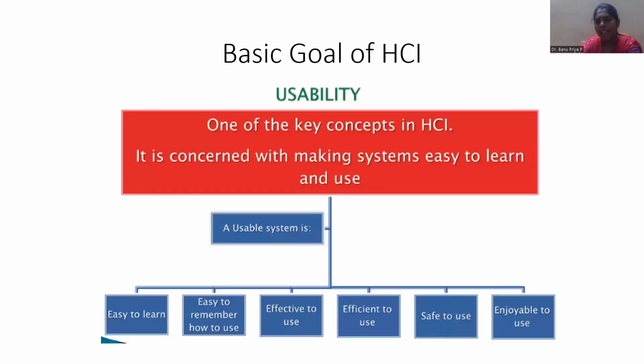The basic goal of HCI, usability as we have seen, is to enhance the user experience and the satisfaction of the users. One of the key concepts in HCI is how systems can be easily learned and satisfactorily used.